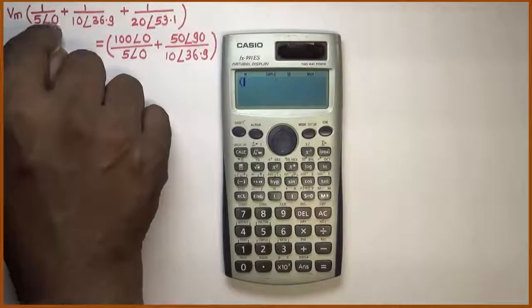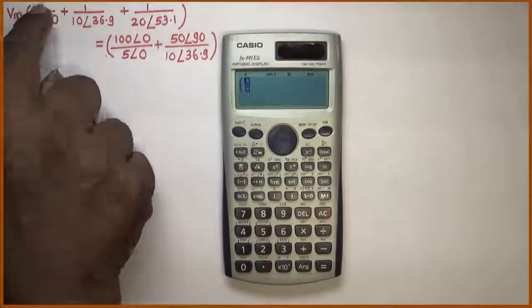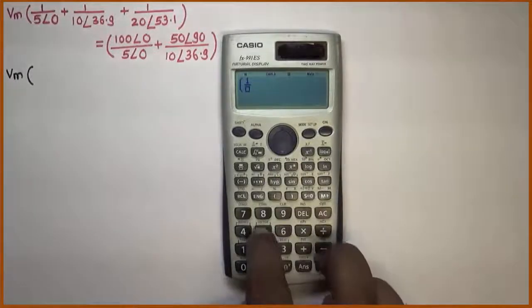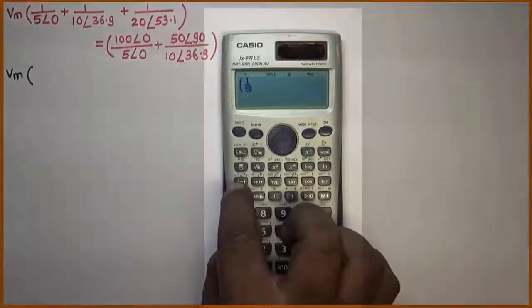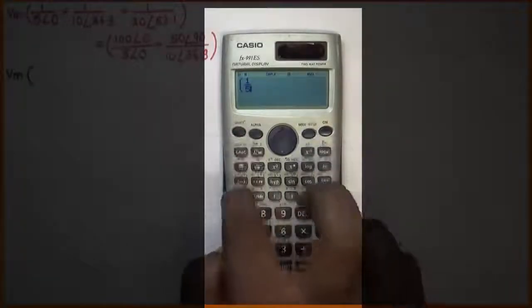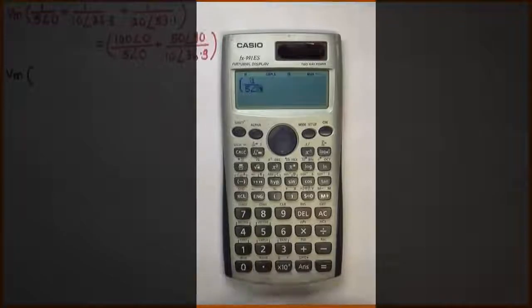Then this is a division of two numbers, so I place this division symbol. The numerator is to be entered, it is 1. The denominator is 5∠0. Angle is entered by using this key, but it is operated along with shift. This angle symbol appears, 0.